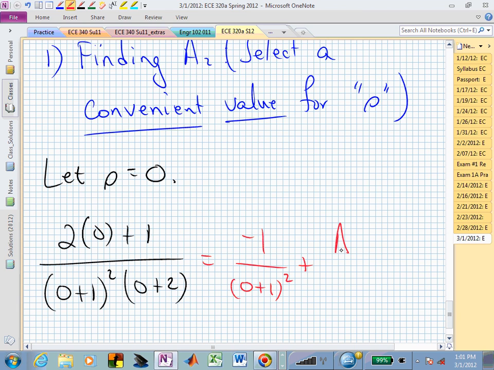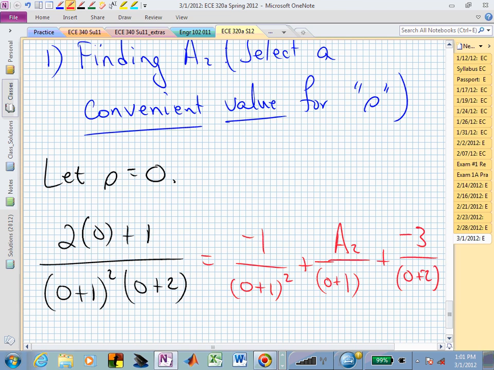I don't know a sub 2, but that was over 0 plus 1, or s plus 1. So a sub 2 is just over 1. And I had an a sub 3 of minus 3 over 0 plus 2. Maybe I should have put this like that so that you see the strategy that I'm applying.